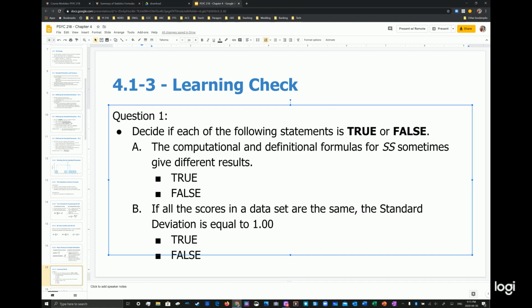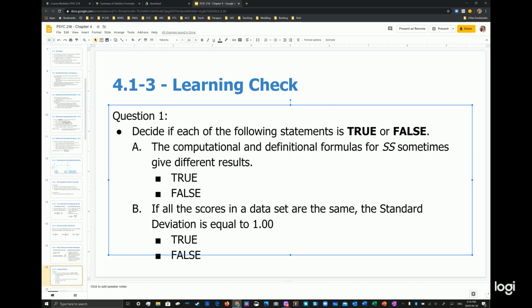True or false? And B: if all the scores in the data are the same, the standard deviation is equal to 1. Well, take a moment and think about this, especially for B, and also A in a way, because we just talked about it.